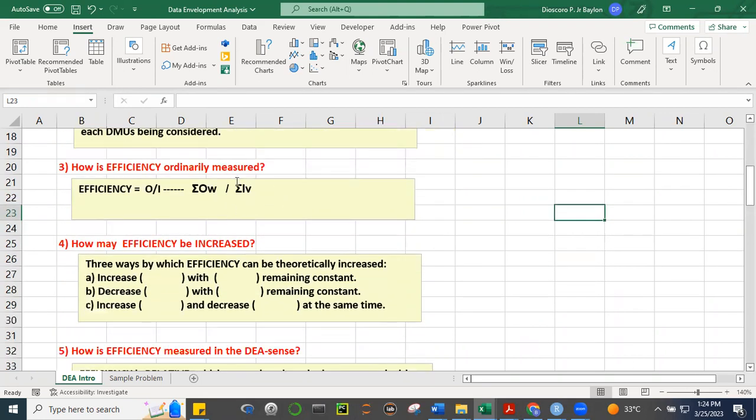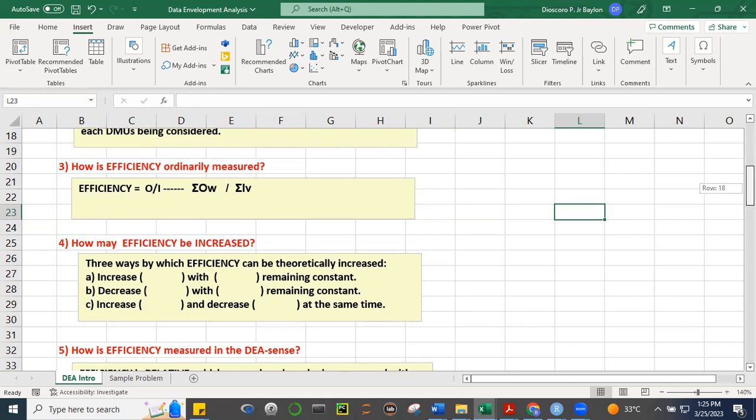Now, based on this equation, how may efficiency be increased? Just by looking at the equation, you increase the weighted output with the weighted input remaining constant, or you decrease the weighted input with the output remaining constant, or you increase your weighted output and decrease your weighted input.